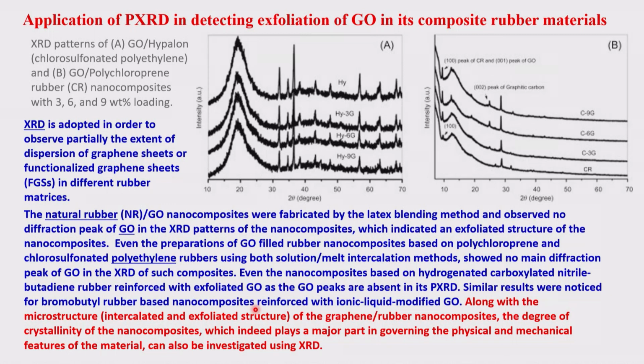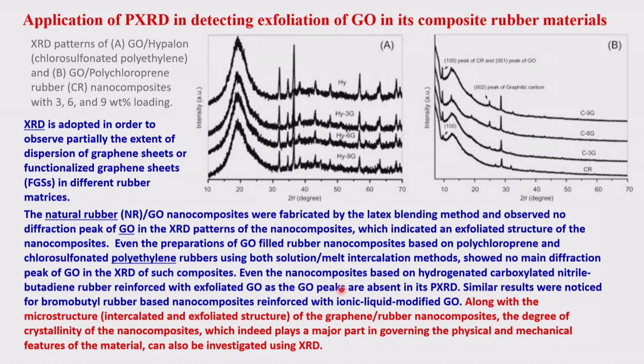So in all these cases, the graphene oxide is basically exfoliated in the composite. Outside they are okay, but inside the composite the graphene oxide is more exfoliated, so we don't find the peaks corresponding to that.